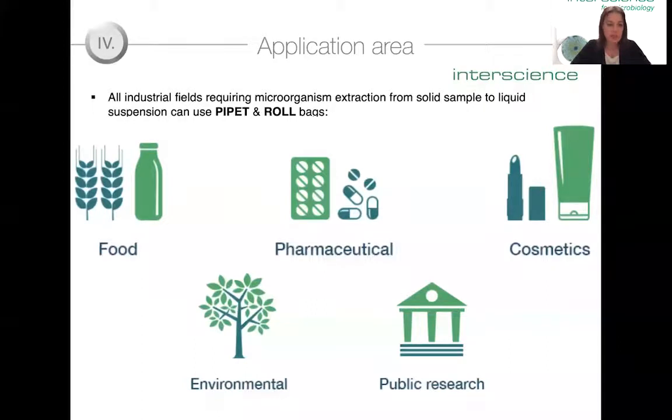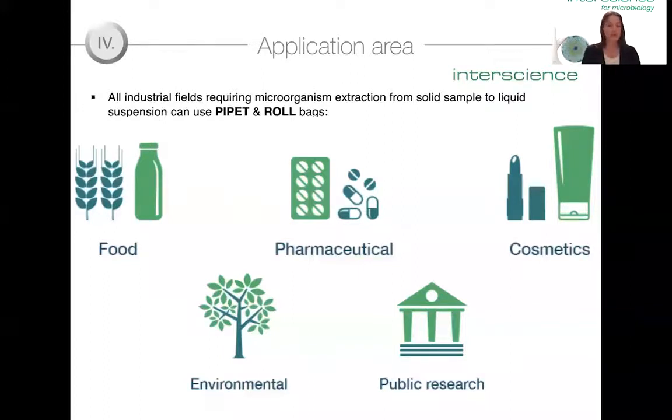So the next question is going to be, who is this for? Who does this apply to? And the answer, it's such an upstream process in microbiology that actually it's anyone who needs to extract microorganisms, being bacteria, yeast, and mold, from a solid sample into a liquid suspension.